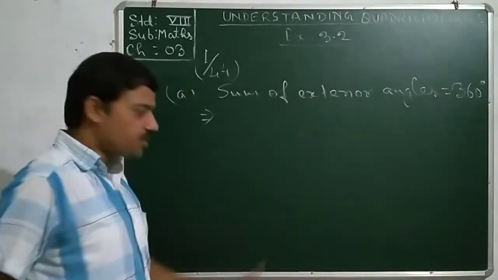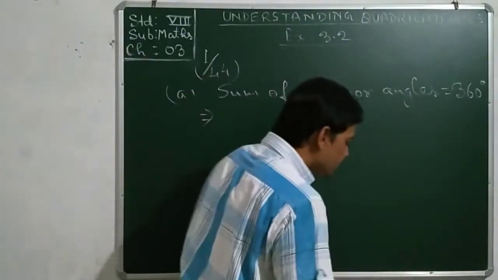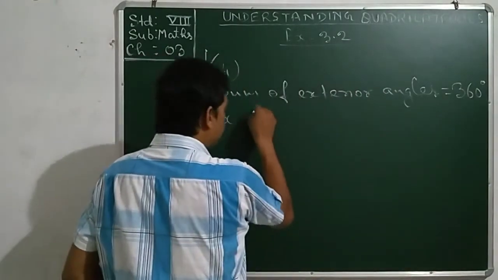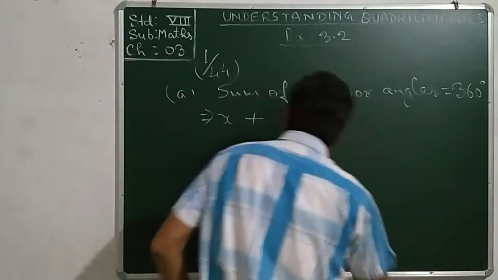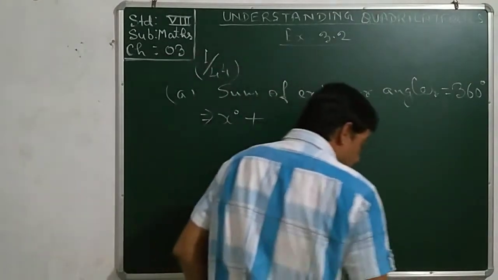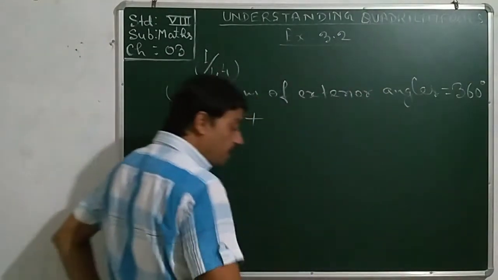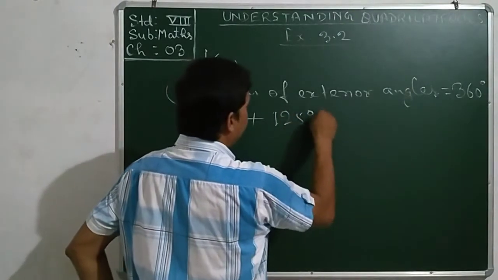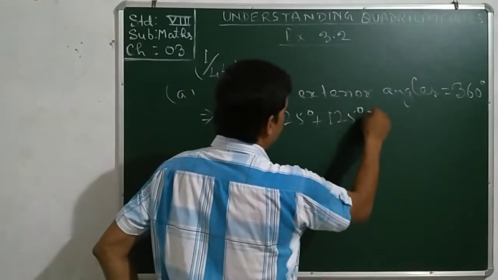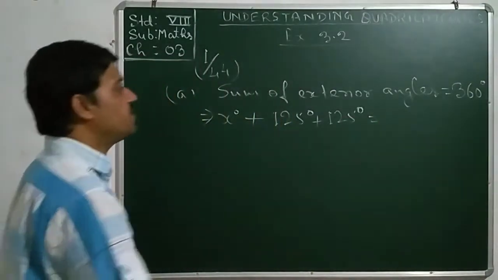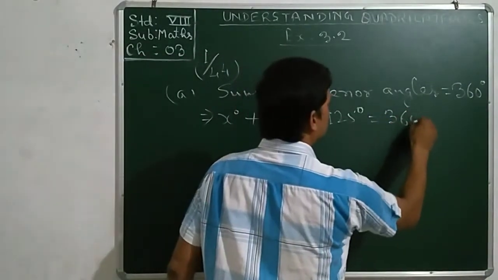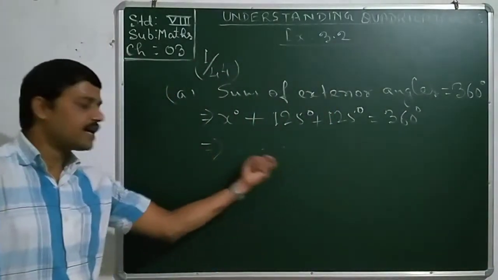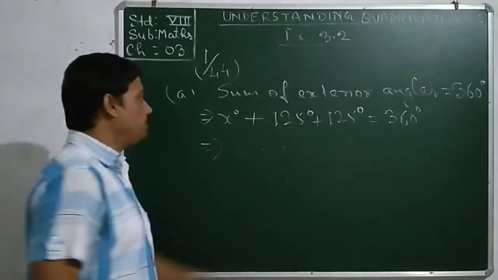Instead of sum of exterior angle, we can write here first angle is x degree plus 125 degree. Both of the angles are 125 degree, plus 125 degree equal to 360 degree. Of course, you can solve it for x and find out the measure of the missing angle.